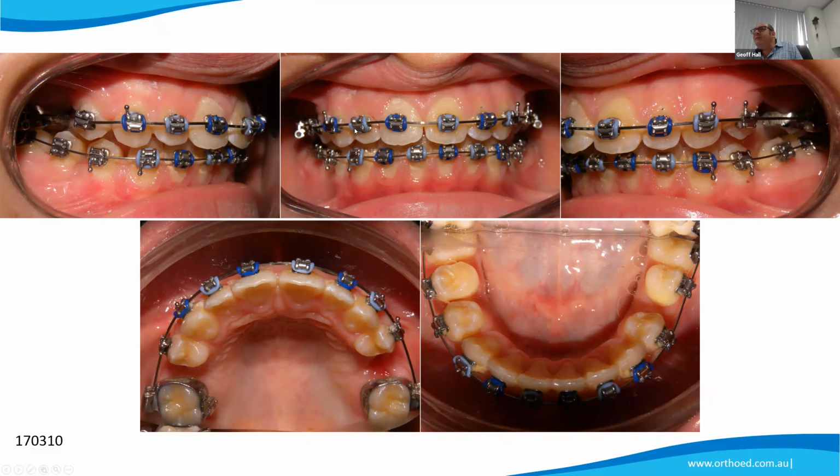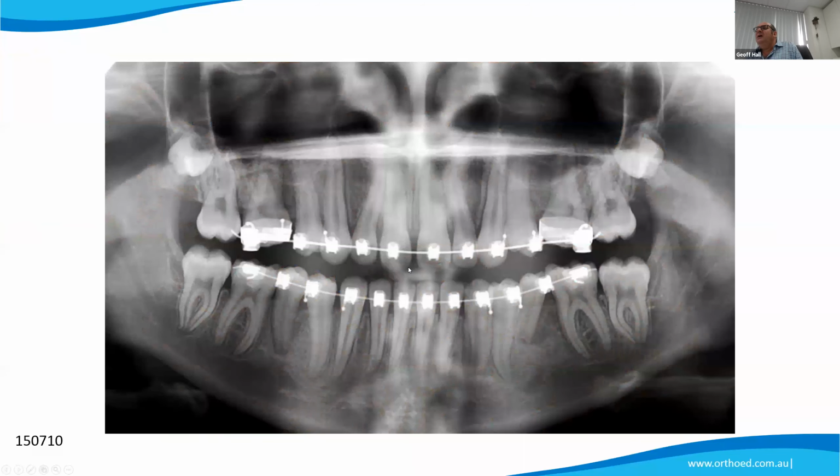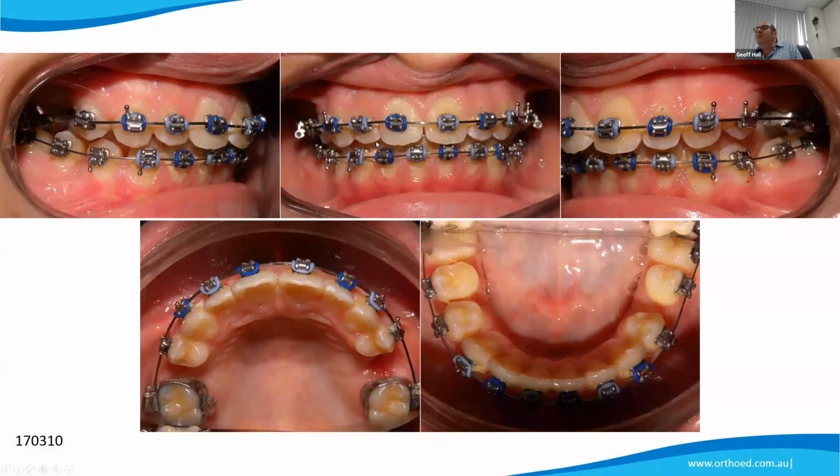Yeah. Okay. Well, have a look at this upper right too, because this is the issue I see all the time. It drives me nuts. So this is the OPG of the upper right 2, which everybody thought was mesially inclined. So you look at that OPG and you start to change bracket positioning. You're going to make that even more mesially inclined, aren't you? Yep.